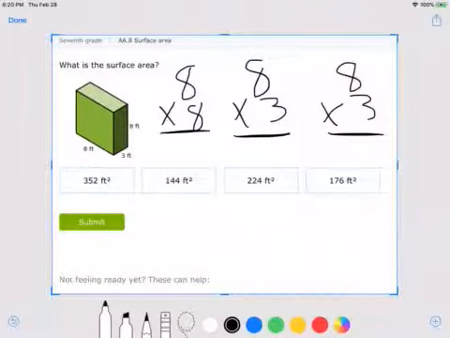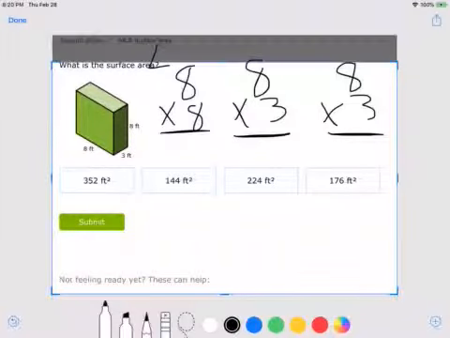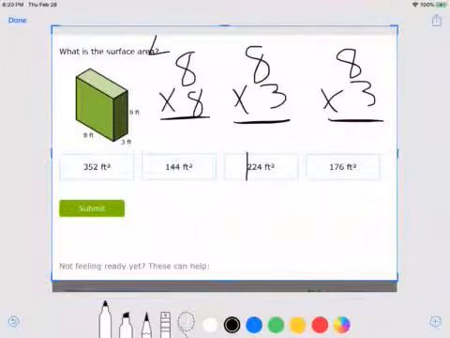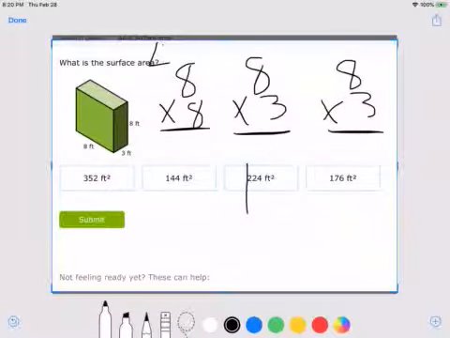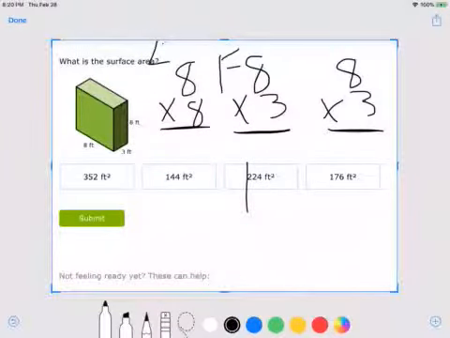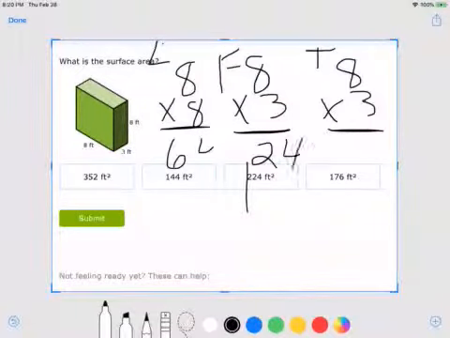This 8 times 8 could be my left side and my right side. 8 times 3 could be my front and back. And then the 8 and 3 can be the top and the bottom. So I get 64, 24, 24.